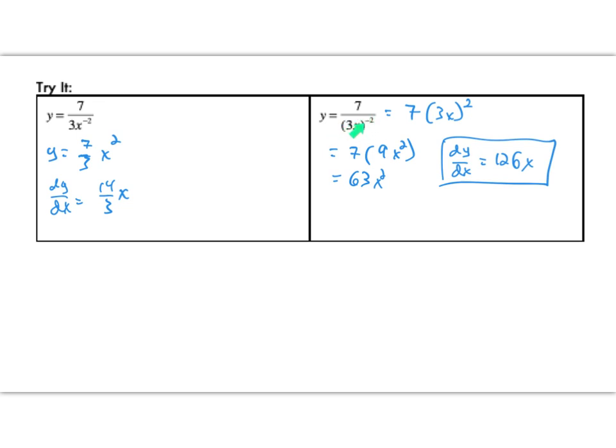So I'm going to move that entire set up to ground level. Then I'm going to apply the exponent to each of the things inside the parentheses. I'm going to go ahead and multiply in the 7. And now it seems like I'm in a position where differentiating isn't going to be too bad. So I'm going to end up with 126x. Okay, that's a good start here on some of the basic rules of derivatives, and we'll see you down the road. Good luck.